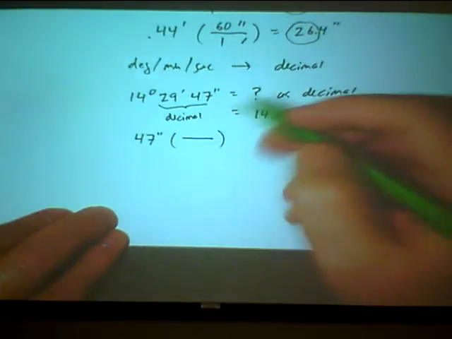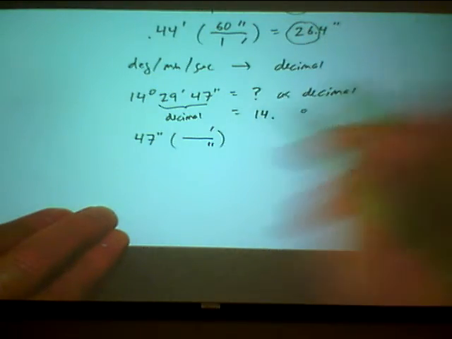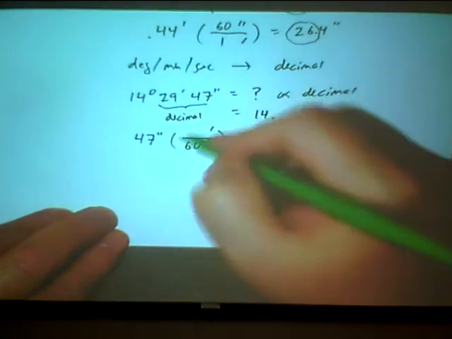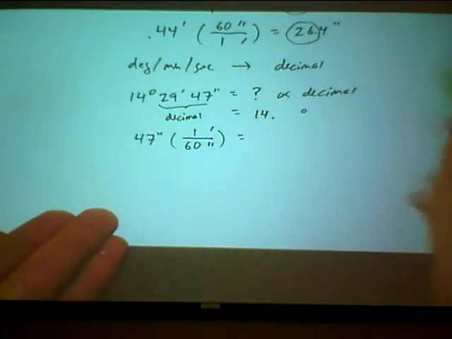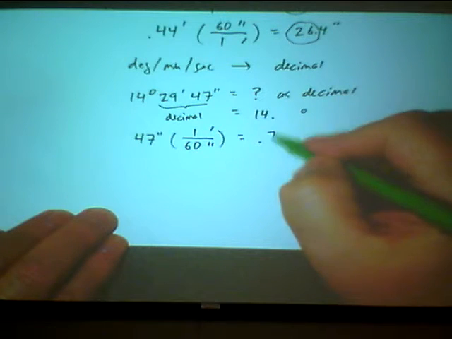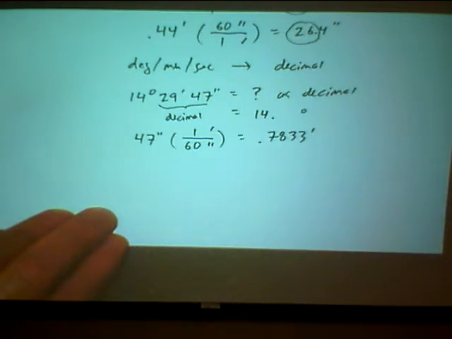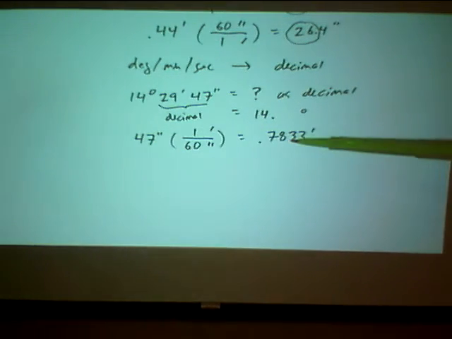I'm starting with seconds, so seconds go on the bottom, minutes go on the top, and then I know that there are 60 seconds in 1 minute. So when I do the math here, I end up with 0.7833 minutes. So I've discovered that 47 seconds equals 0.7833 minutes.